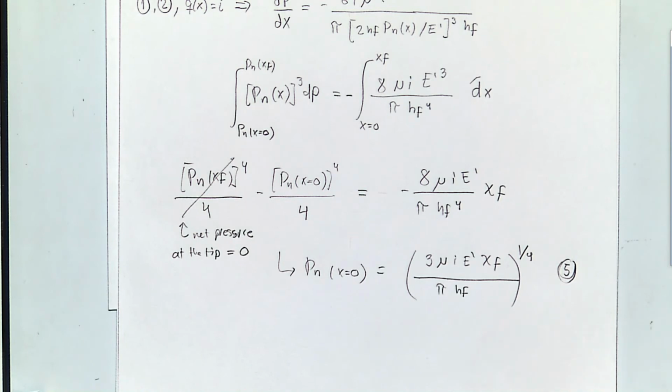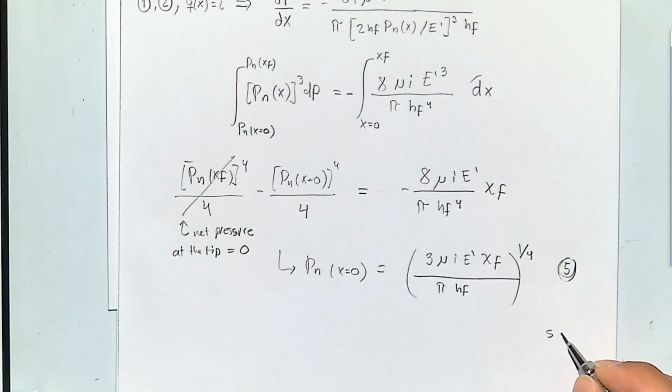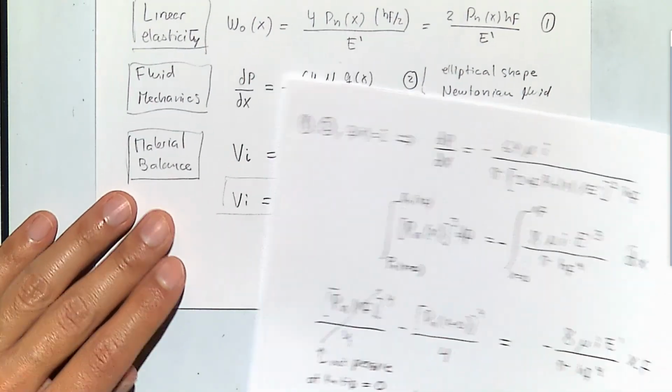If I put equation number 5 and equation number 1, let's see what was equation number 1 like.